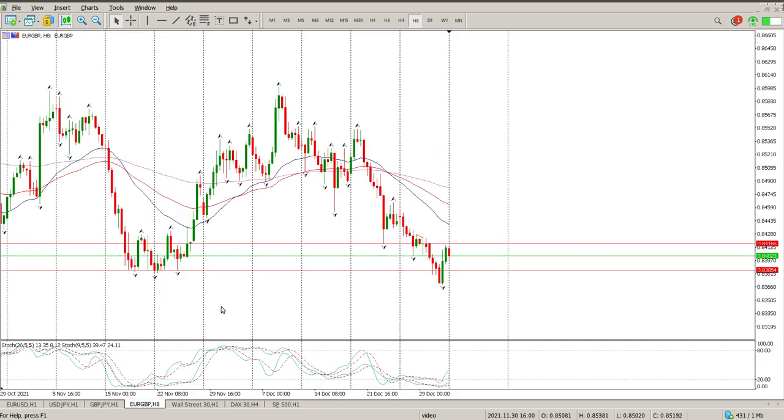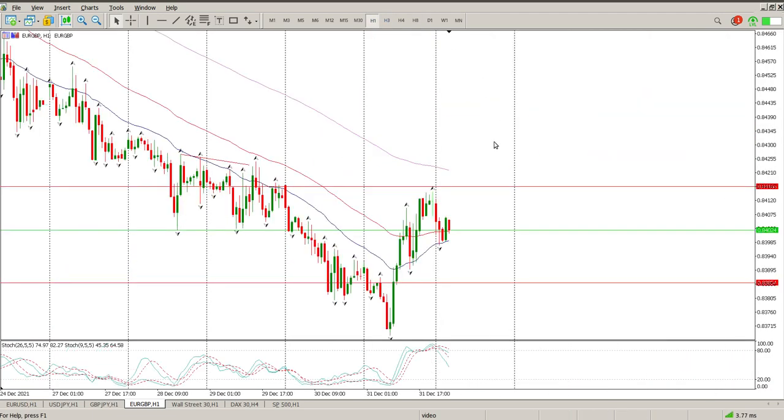Lastly, Euro British pound. So there is a lot of structure here at these two levels that we need to pay attention to, and that's 0.84166 and 0.83854. We start breaking through that, and we did break through going into the close of last year, but immediately came back into it to come and test the previous breakout.